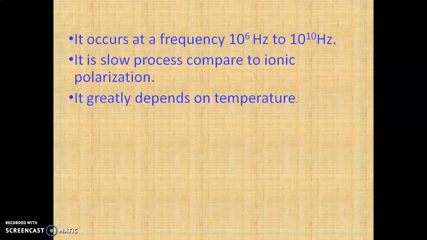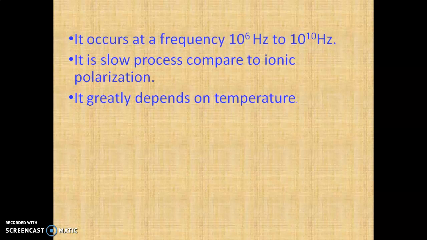and its frequency of occurrence is from 10 power 6 Hz to 10 power 10 Hz, and it is a slow process compared to ionic polarization, because more torque is required to rotate these polar molecules, and it depends on the temperature, right? It contributes only about 1 part in thousands of the polarizability, so it does not have much contributed value.